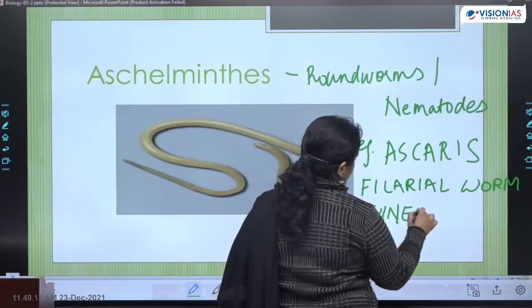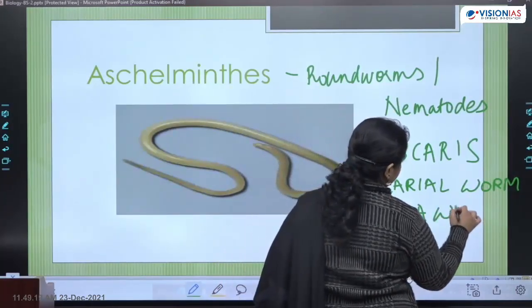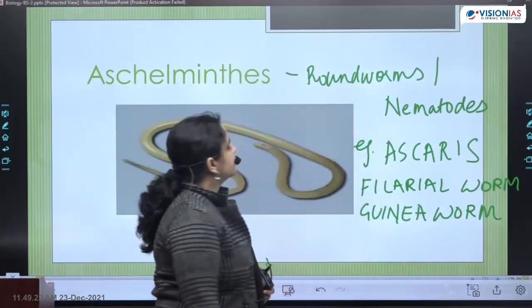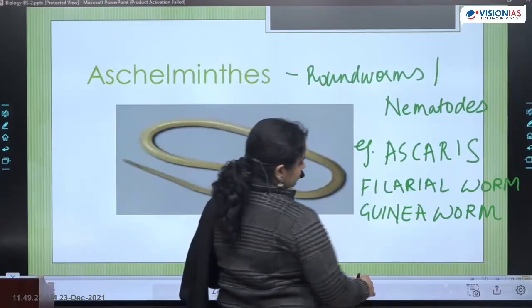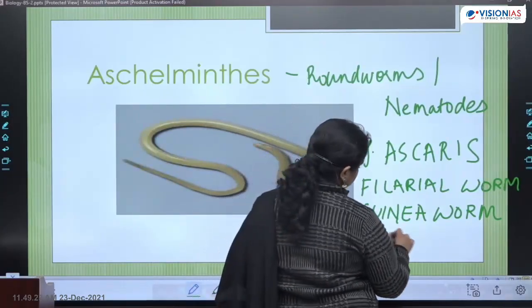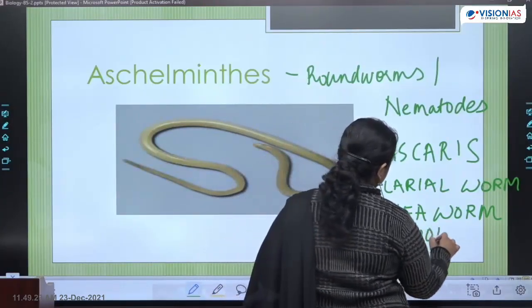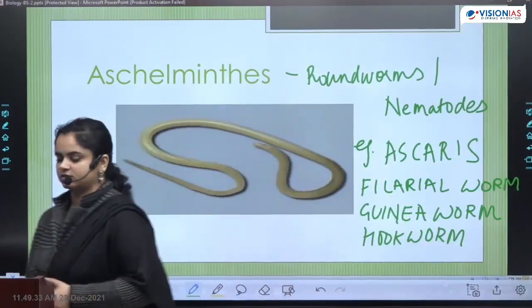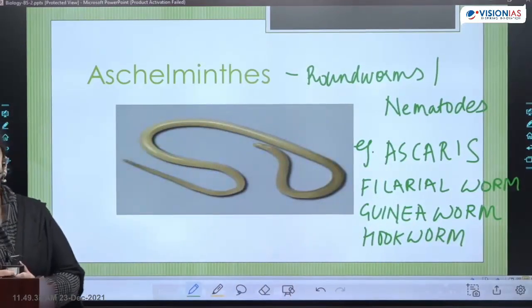Now you can write down the many examples here causing diseases. Ascaris, filarial worm, guinea worm, hookworm. You might have heard some of these names also. They are all roundworms.